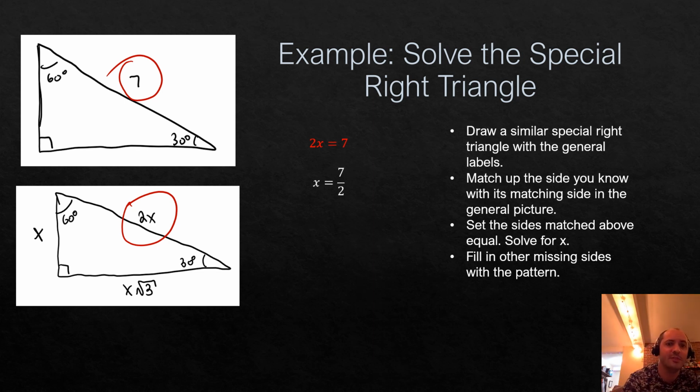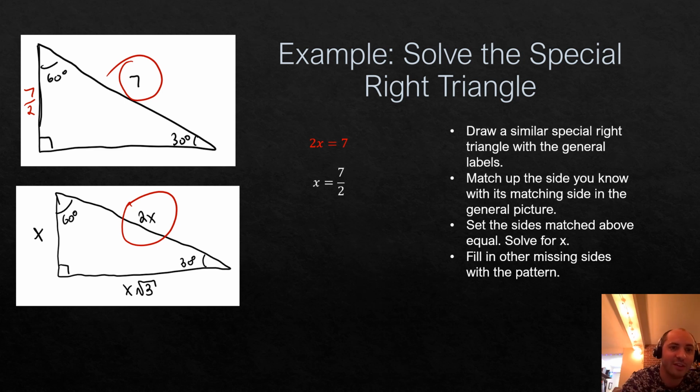Since my x is 7 halves here, the side length that's playing the role of x in the triangle I'm trying to solve is this short one opposite 30. So that's going to mean my 7 halves goes right there on the left. And then my other leg length, that longer leg, looks like x times the square root of 3 according to my general picture.